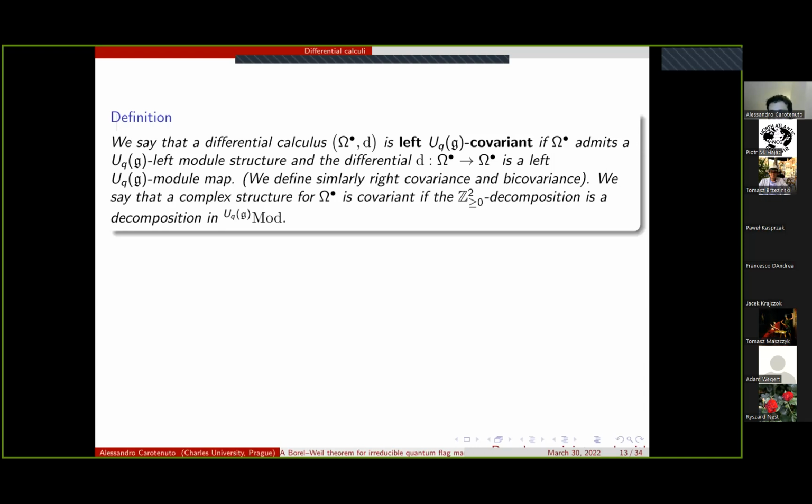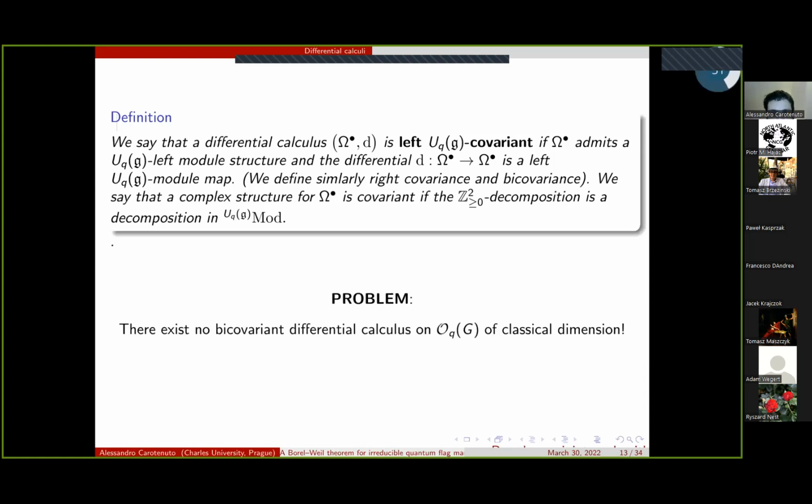Well, good. Now the most natural step would be to say, okay, I have my candidates for a quantum deformation of the coordinate algebra of a Lie group. I have my definition of a complex structure, and I know that I should have some complex structure in the non-commutative case because I know that there is one in the classical case.